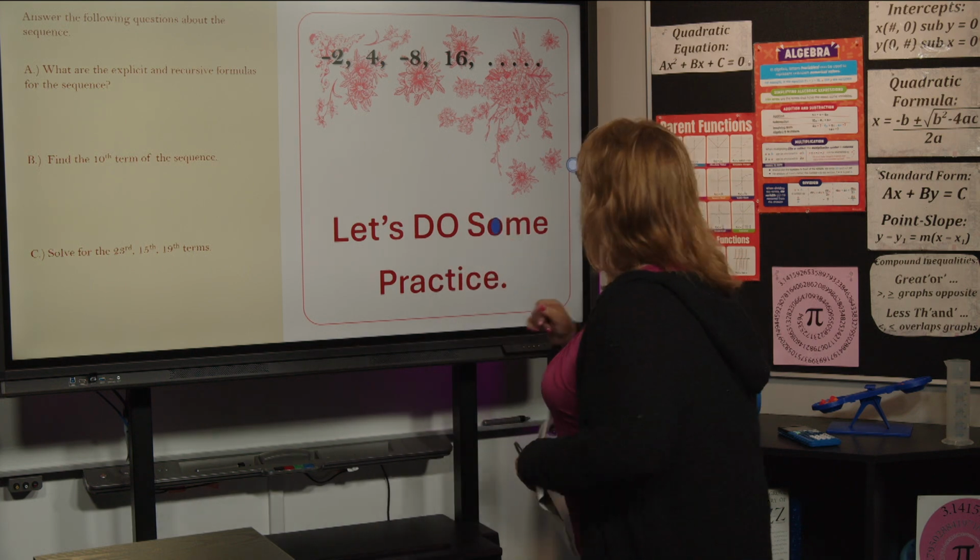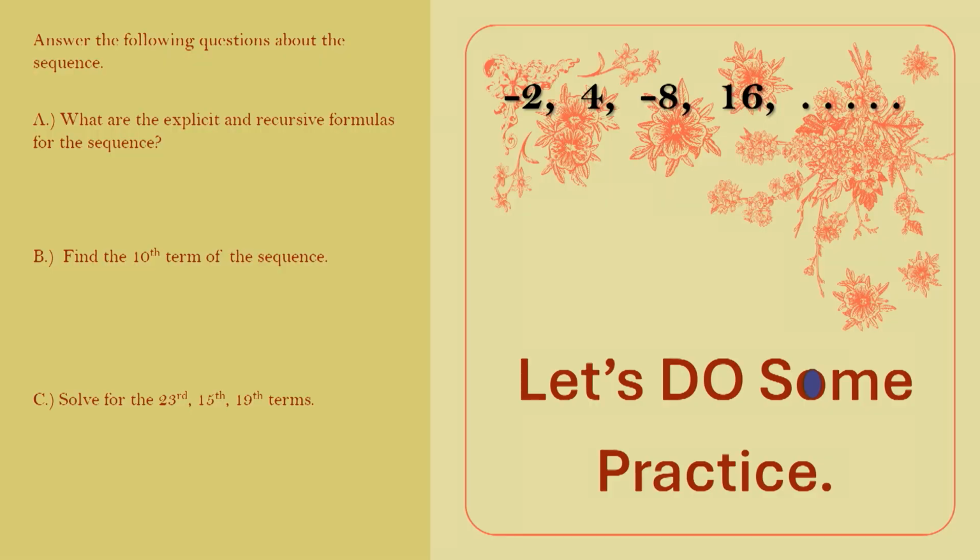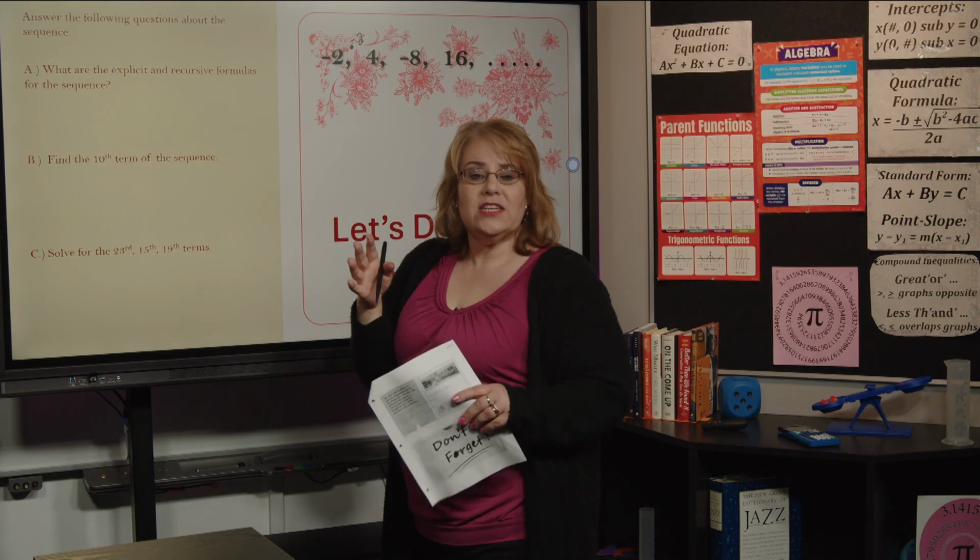So let's see. I've got -2 to +4. What would I do there? I'm thinking I would multiply by -2. Let's see if that works for the next one, because it may just be a fluke.